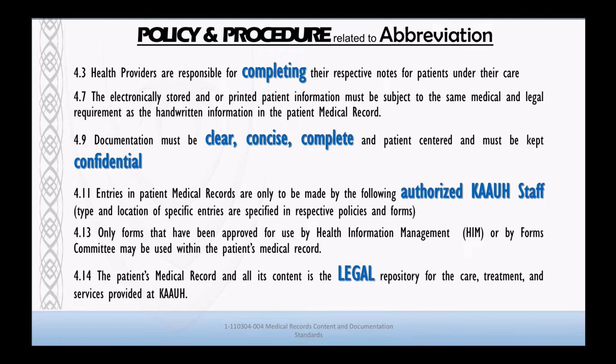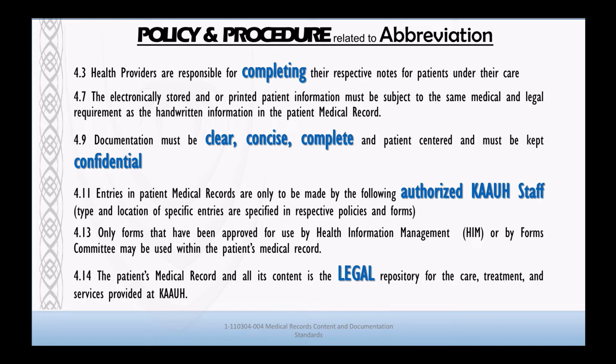4.9. Documentation must be clear, concise, complete, and patient-centered and must be kept confidential. 4.11. Entries in patient medical records are only to be made by the following authorized KUH staff. 4.13.